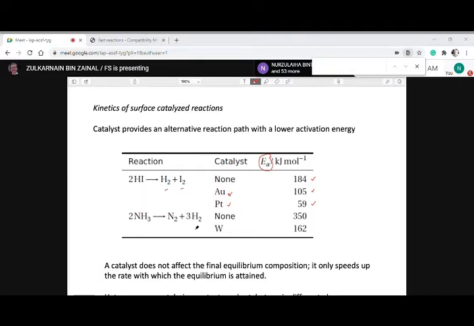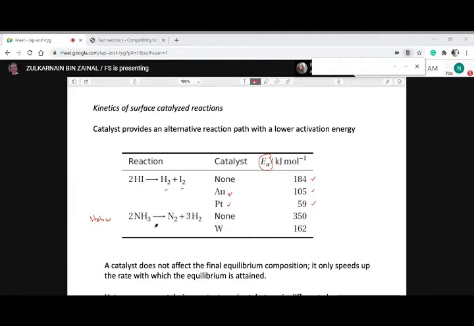So the other one is the Haber process. I think everyone is also familiar with this process. Here it is the reverse process, actually, of the Haber process.